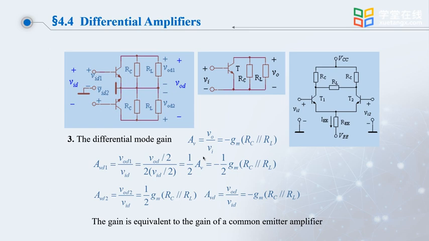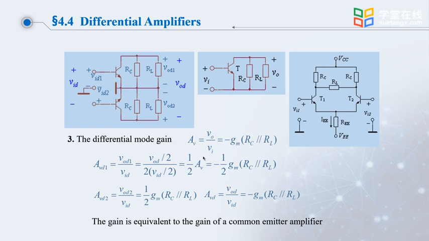And the denominator is the differential mode signal VID. Write the formula in this form: 1 over 2 VOD and 1 over 2 VID. It is the gain of the single-stage amplifier. So, for single-ended output, its voltage gain is equal to 1 over 2 of the double-ended gain.